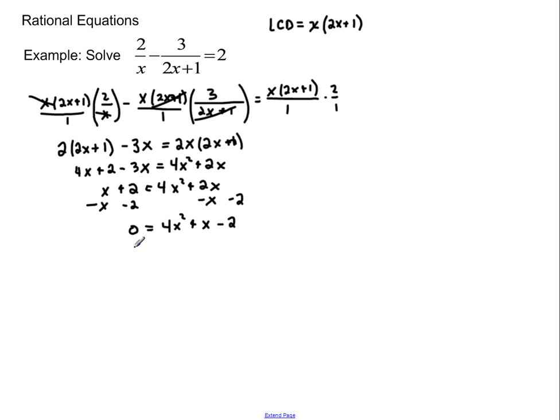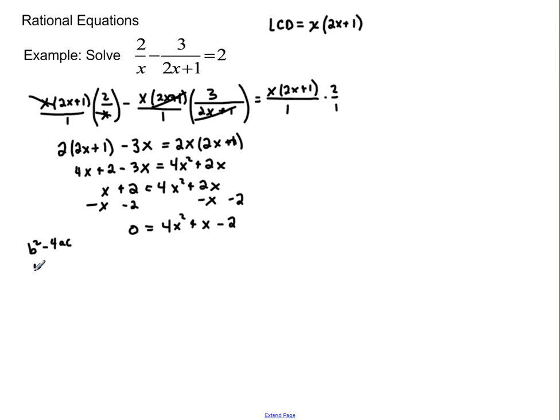If we could solve it by factoring at all, we would have to be able to find factors of 4x and 2x whose sum is 1. If we were to go through and check this out, we do have a test, right? Is it factorable? Well, b squared minus 4ac would have to be a positive perfect square for that to happen.